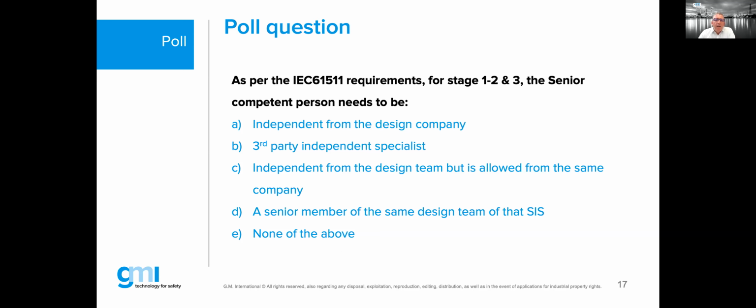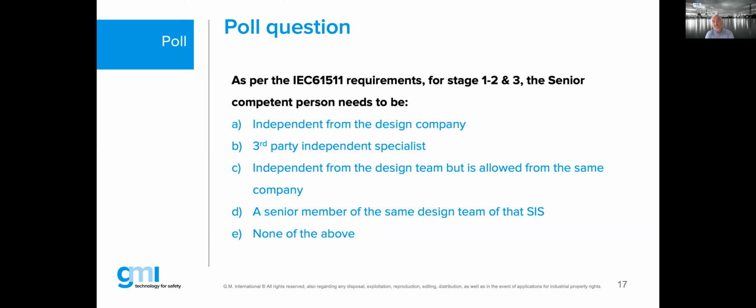Okay, I will stop the voting right now, and I will also share the result to all. I think you can read that, Tino. Okay, so we have 17%, which is nearly 20% of the group here, saying needs to be independent from a design company.